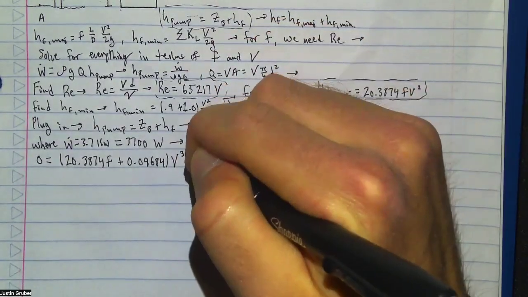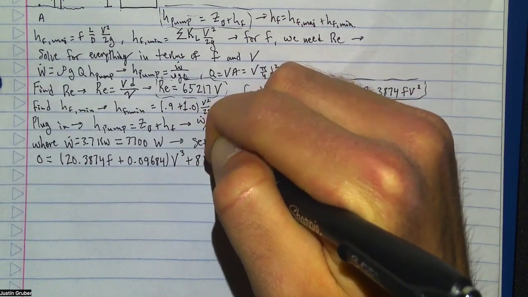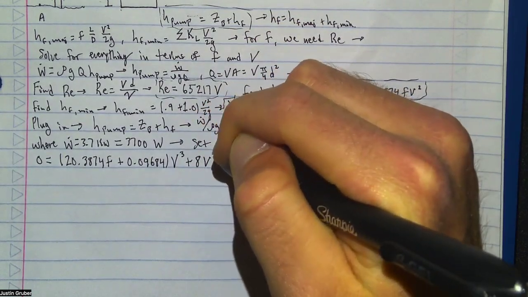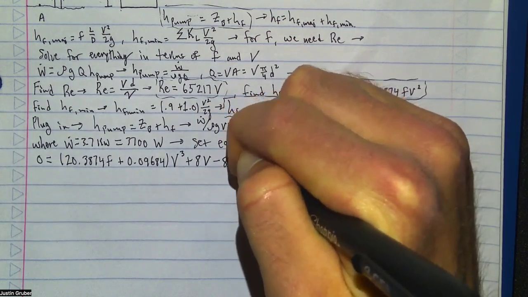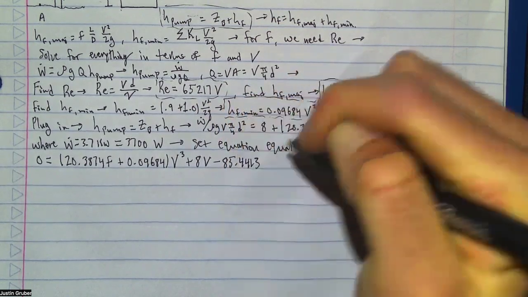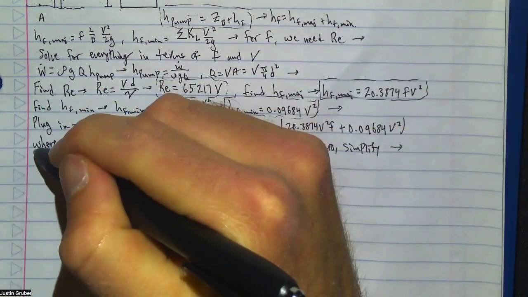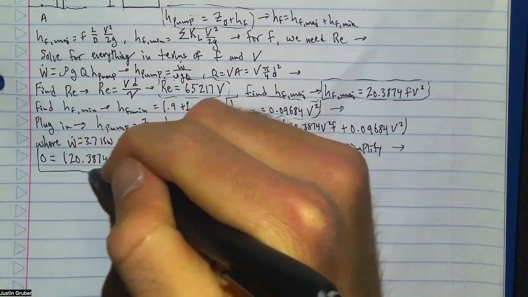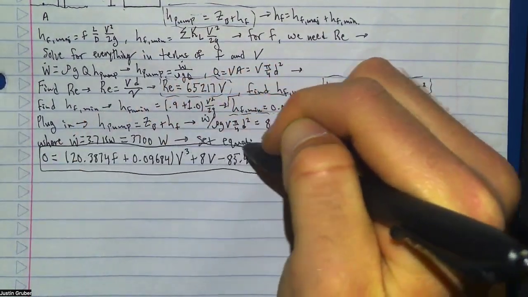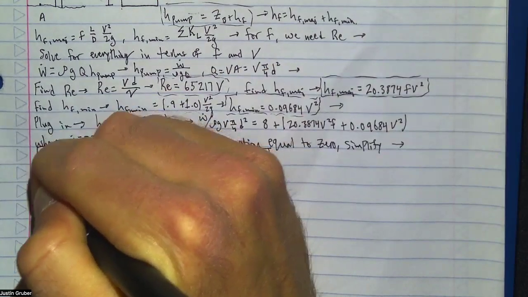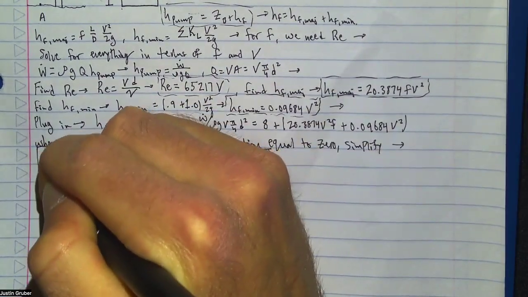Plus 8v minus 85.4413. And so this is the equation we really want to be solving, so I'll put a box on that. So now solve iteratively.